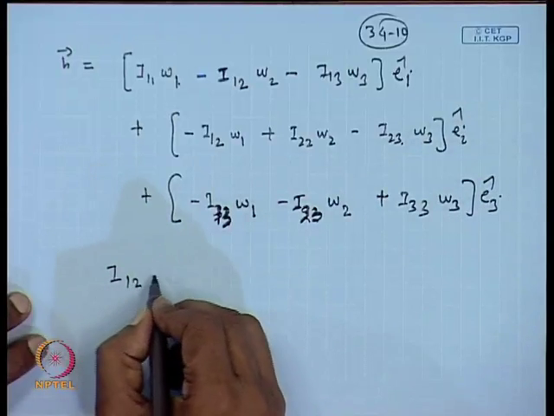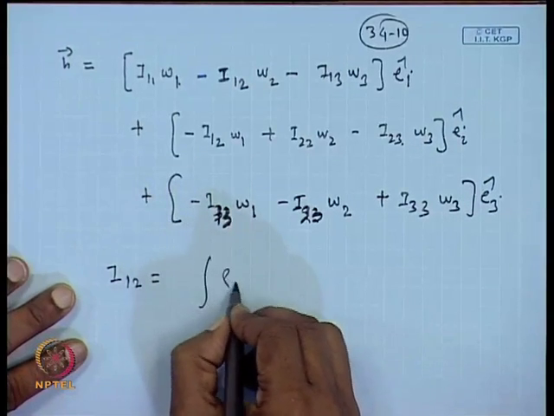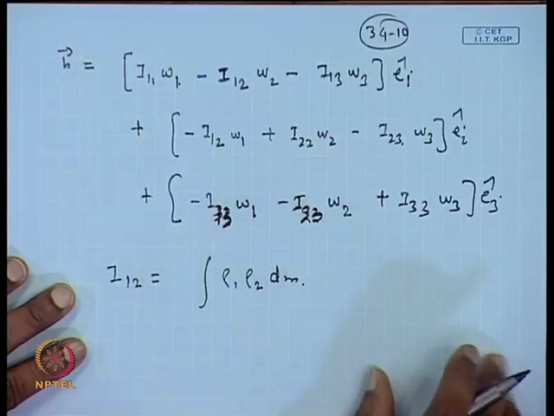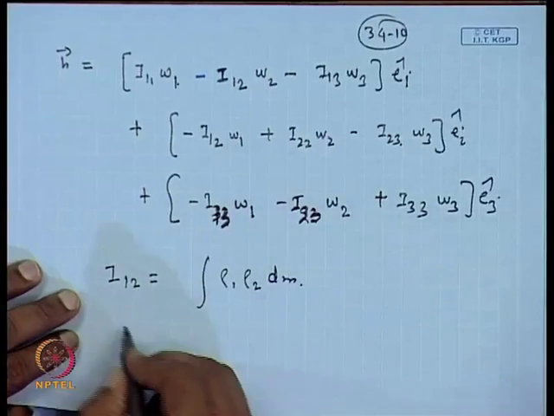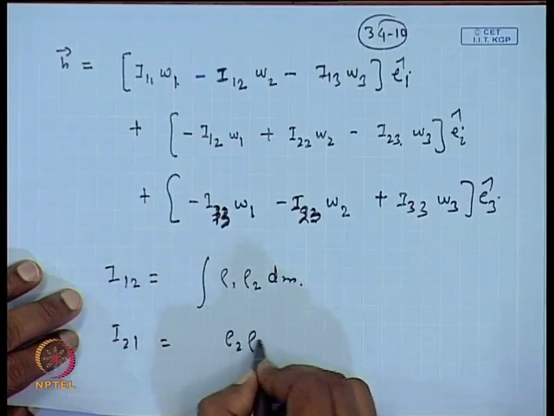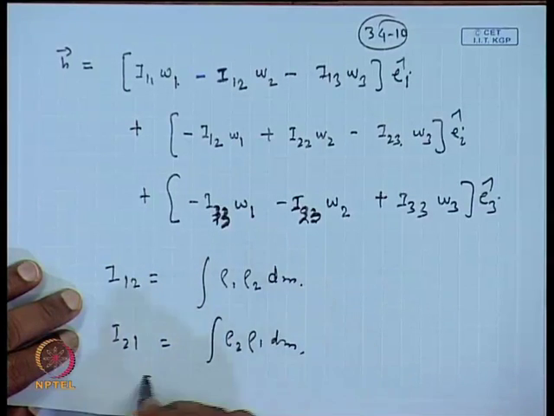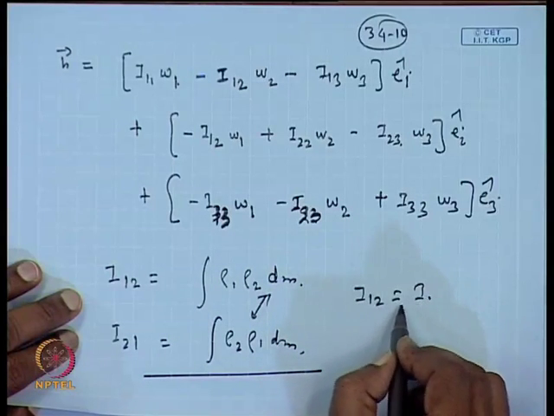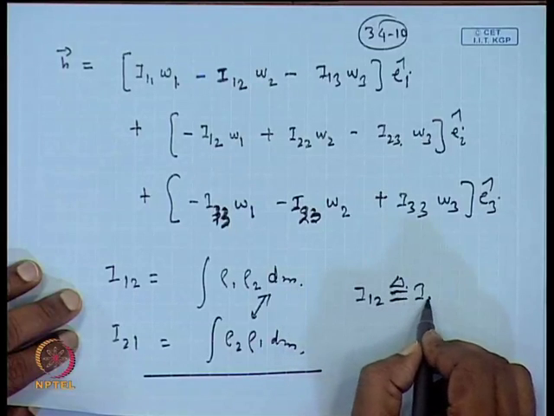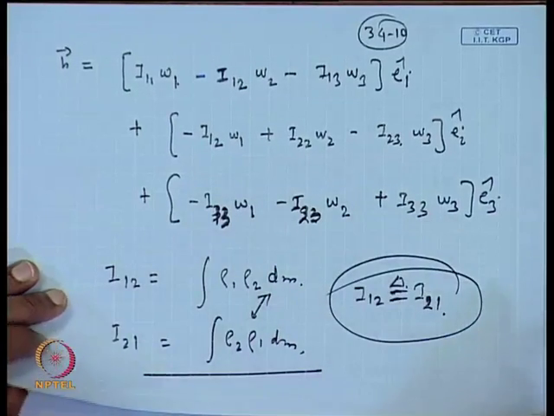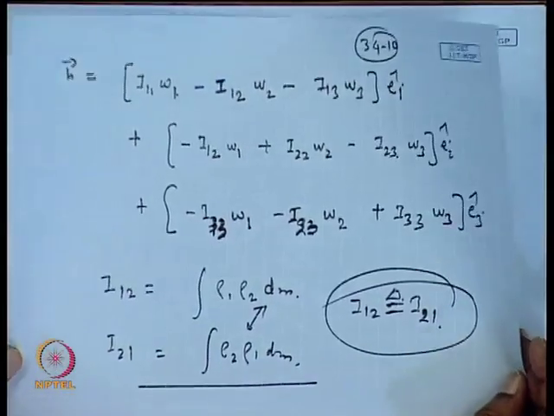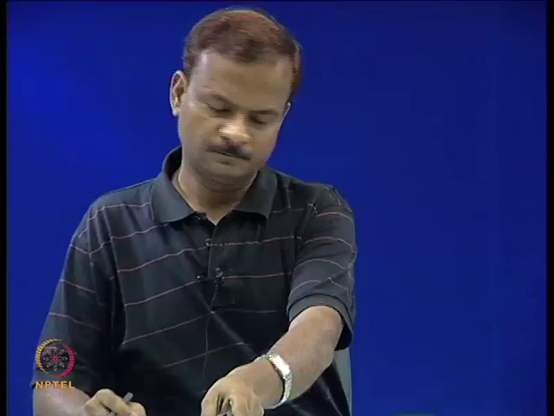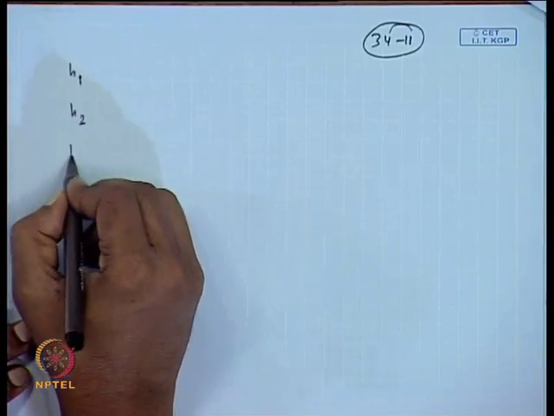You see this I12, this indicates your integration rho 1 times rho 2 dm. Okay, and similarly I21, this indicates the integration rho 1 times rho 2 times dm. Okay, so, there is no difference between these. So, I12 is identically equal to I21. So, in the matrix notation you can write H1 H2 H3.